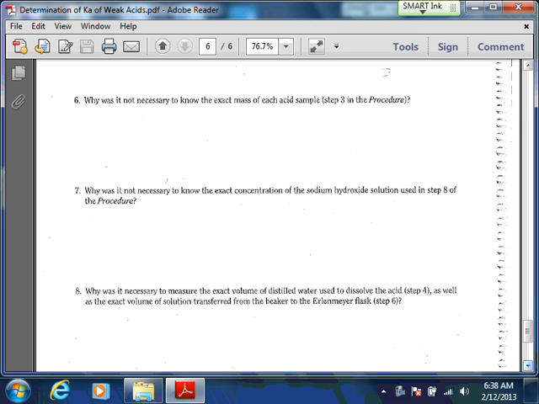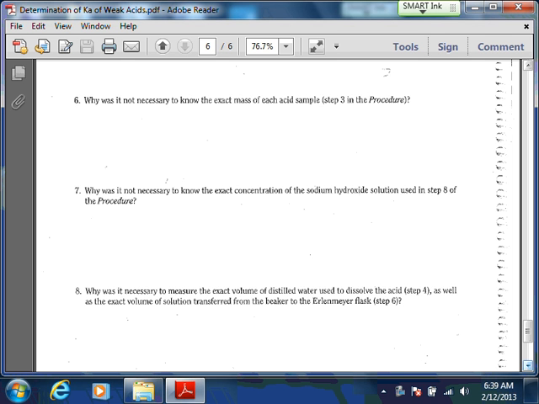Why was it not necessary to know the exact concentration of sodium hydroxide? Again, for these two, I want you to think about what we did in the lab, how we figured out that we had exactly half acid and half base in each of these beakers, and see if you can answer questions number 6 and 7.